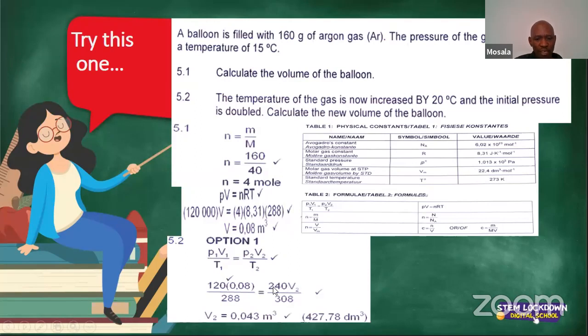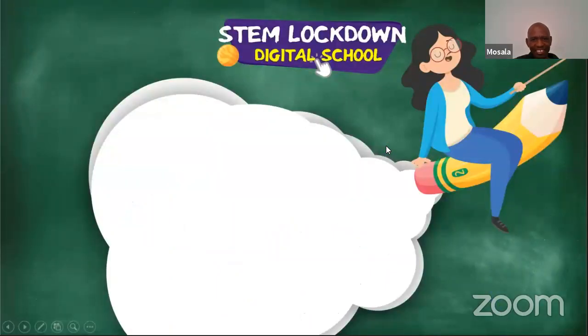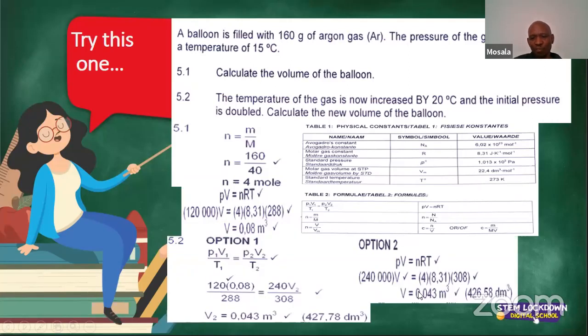If you solve this one, your answer should come back to be 0.43 cubic meters. That should be your answer here.